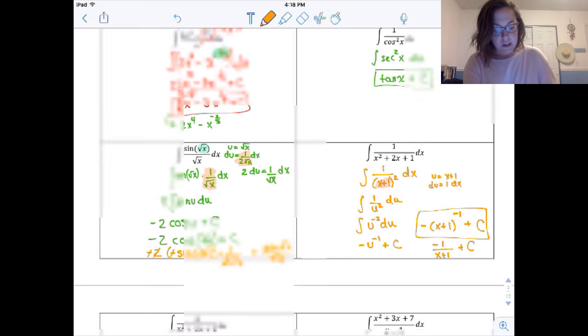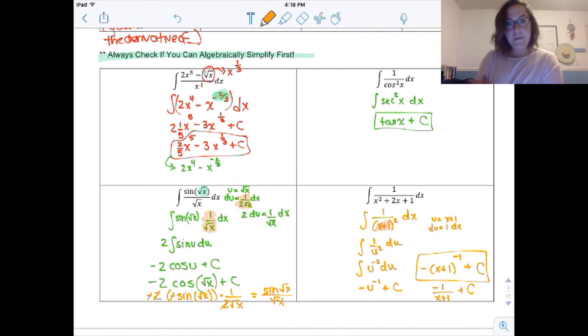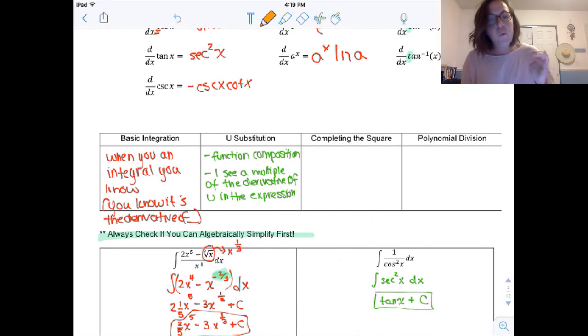Okay, so those are kind of my basic types, and now we're going to look into the two more algebraic ways of integrating. They are not other methods calculus-wise. It's u substitution, but from a calculus perspective, you need to be able to do the pre-calc, right? So that's what we're going to make sure. So when am I going to use completing the square?